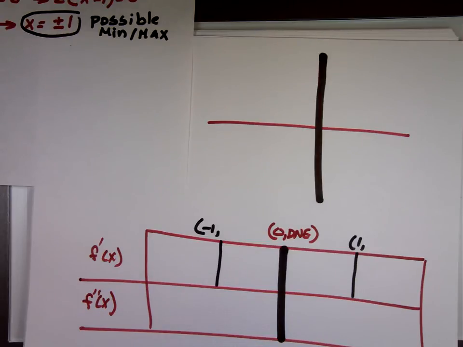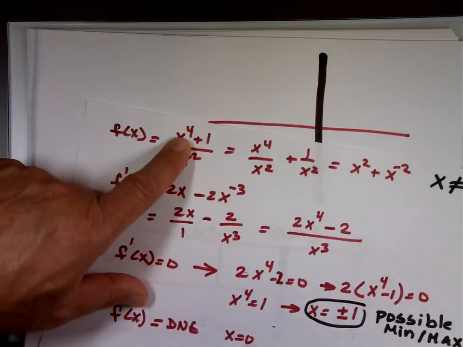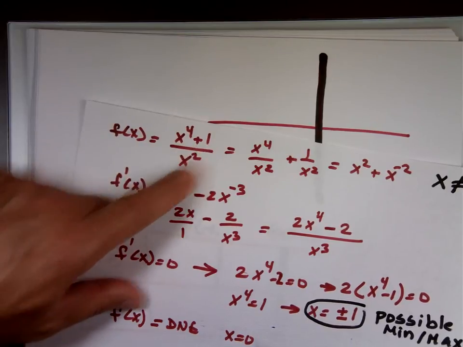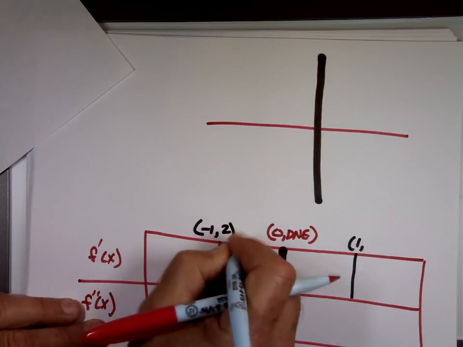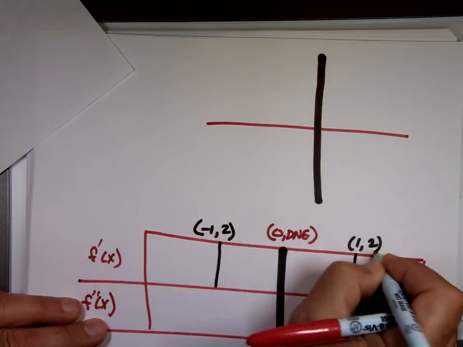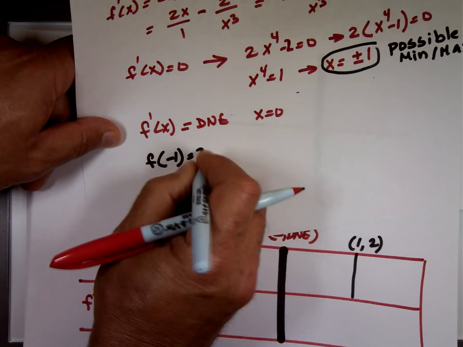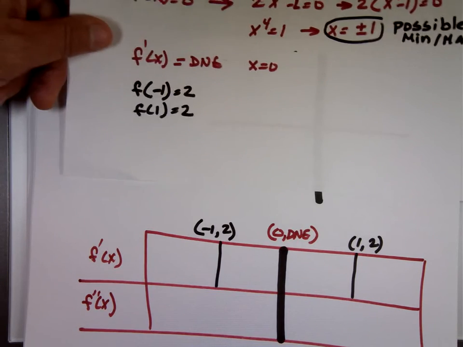When x is minus 1, what's minus 1 to the 4th? 1 plus 1, that's 2 over 1, that's a 2. And this is also a 2. So f, not the derivative, f of minus 1 is equal to 2. f of 1 is equal to 2. So these are outside the box.